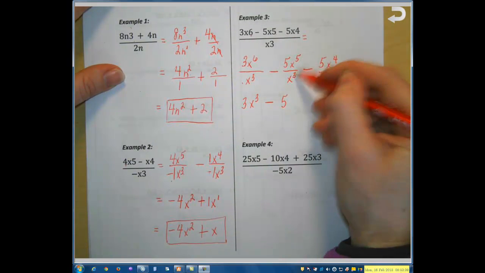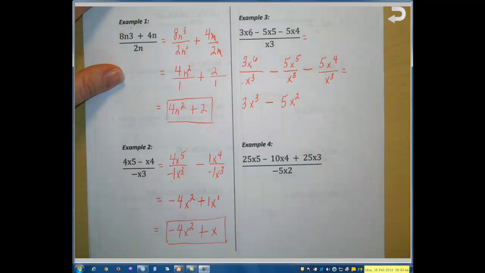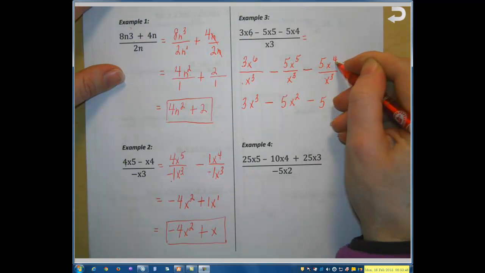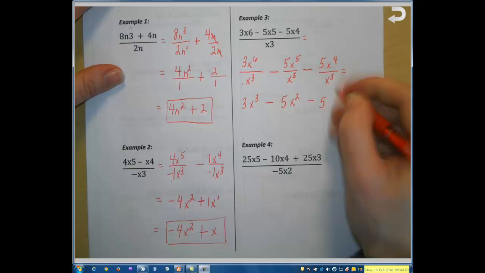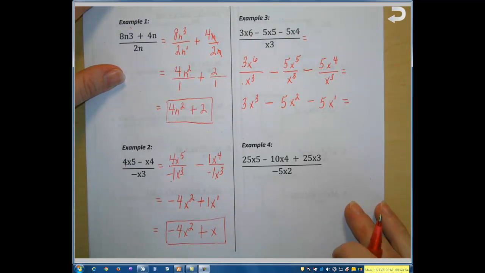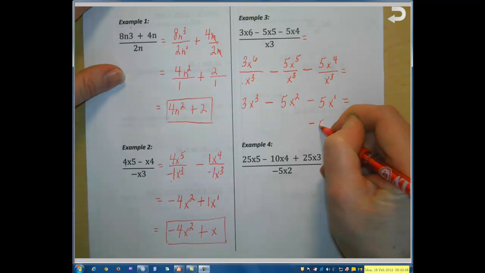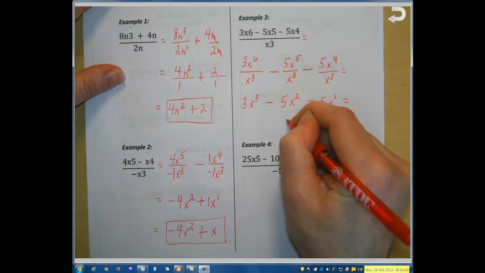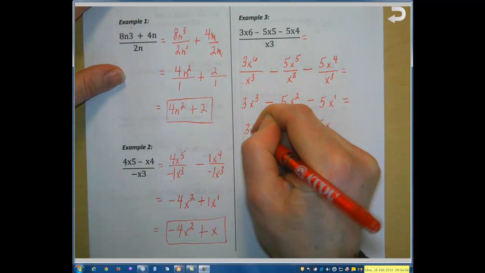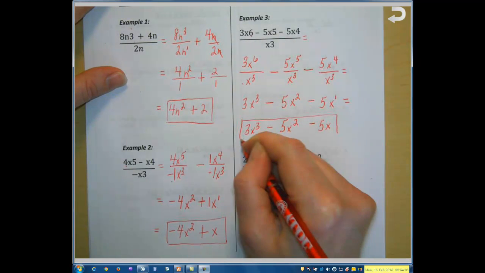Subtract the exponents. 5 minus 3 is 2, so our answer is x to the 2nd. Bring down the minus, bring down the 5. 4 minus 3 is 1. And now we know that 5x to the 1st is just the same as 5x. And here is our simplified answer.